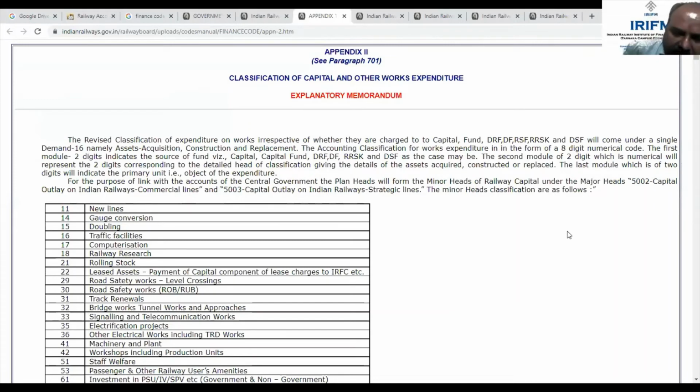That means whatever the source of finance, whether DRF or DF, it comes under the single demand 16.